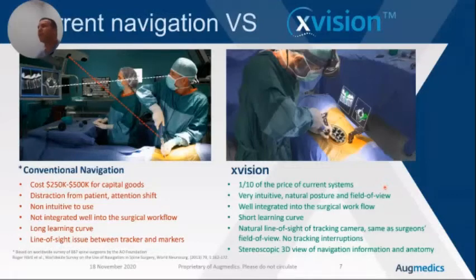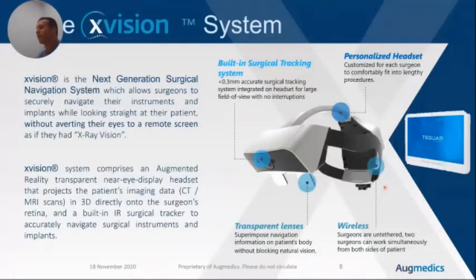Our device is actually two components. We have the headset, which is here, and we have an all-in-one PC that controls the headset. The headset is connected through wireless communication. We have these lenses here, which are the screen where we put the patient's anatomy and his CT scan.